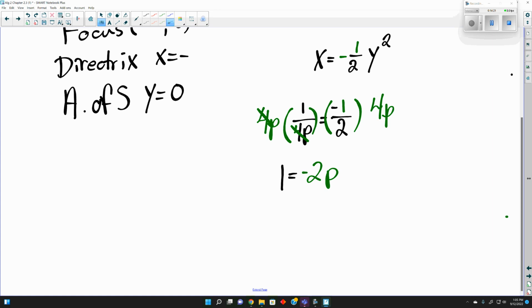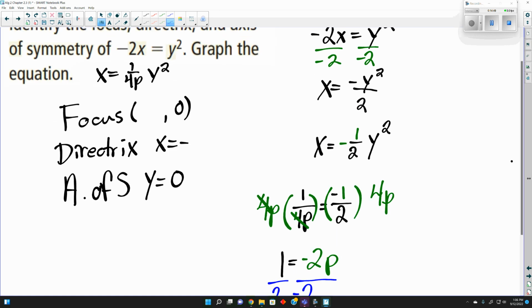Is p by itself? No, so we have to divide both sides by negative 2, telling us p is equal to negative 1/2. Questions on this here? Questions on anything we've done so far?